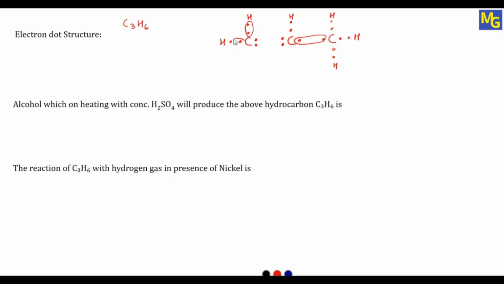This will give one bond. These will give one bond. And these down 2 will give one bond. Therefore, double bond. So like this, like this, like this, and like this. So this is the electron dot structure of propene. You have to count the valency electrons present beside the carbon. It should be 4, and then the octet should be complete.